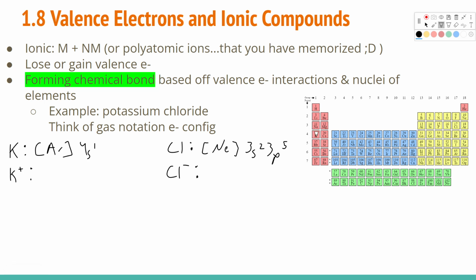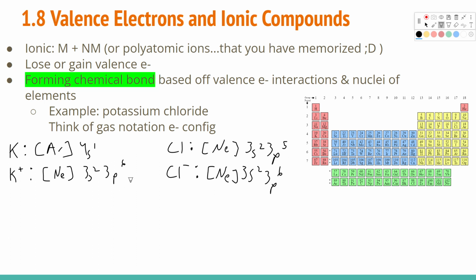So potassium is going to, I can't write argon in brackets and then do that as gas notation, so I have to go one before it. So neon, and then 3s2, 3p6. Chloride ion would therefore be neon, 3s2, 3p6.